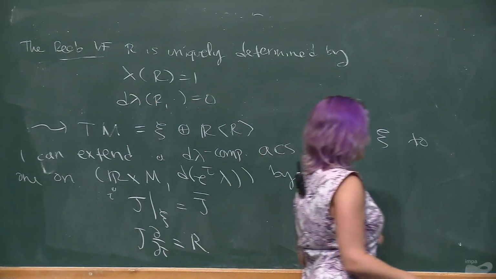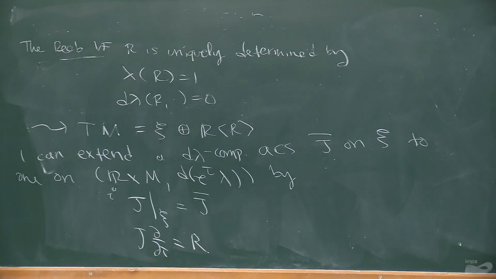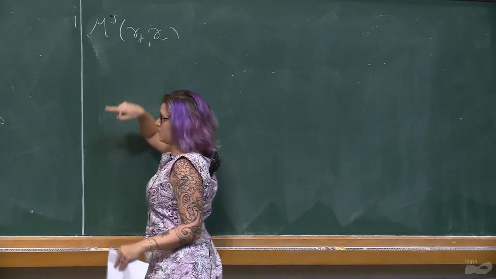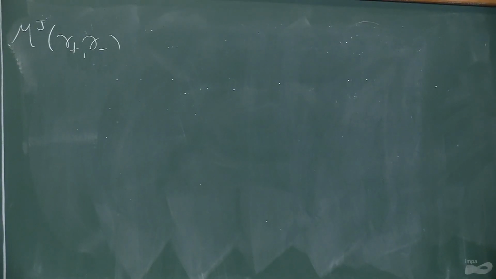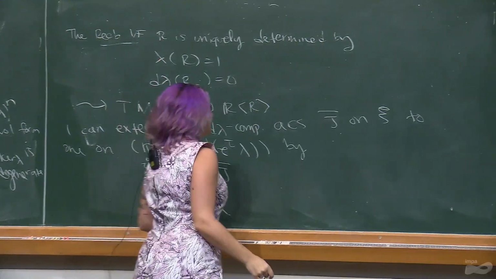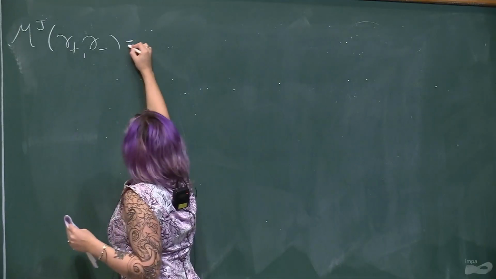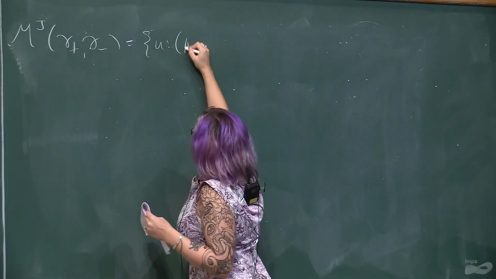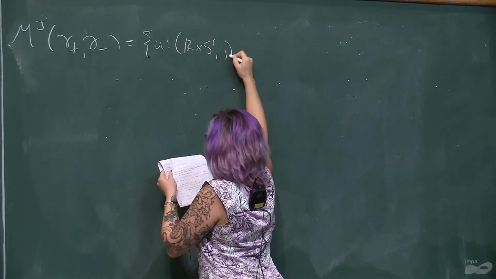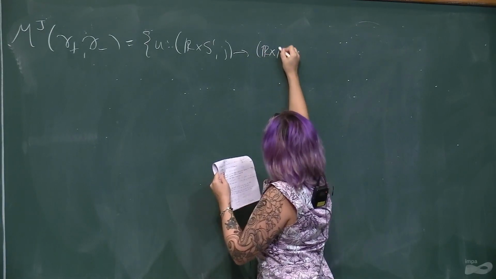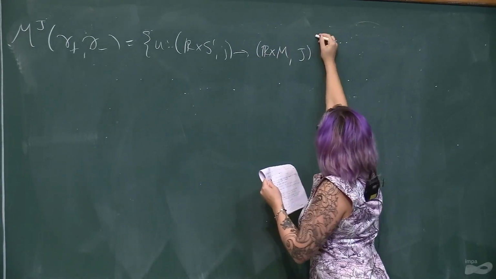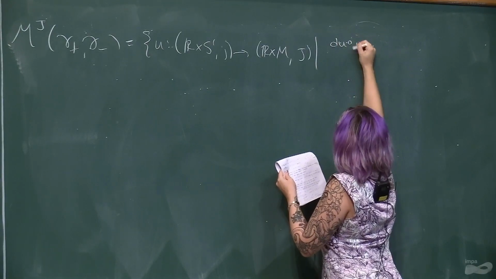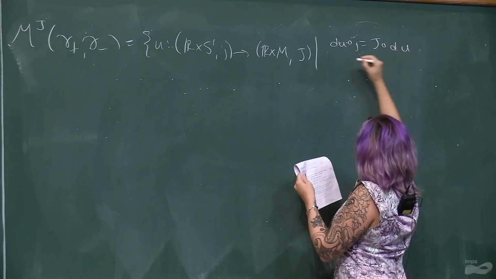And then that's going to allow me to look at moduli spaces of pseudo-holomorphic curves in the symplectization. So gamma plus and gamma minus are going to be closed Reeb orbits of my Reeb vector field. And this moduli space is going to consist of maps from the cylinder into the symplectization. So we want the d-bar equation to be satisfied. And then we want asymptotics.